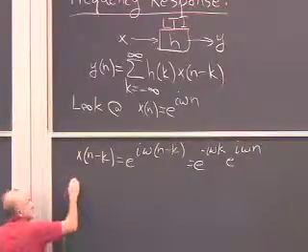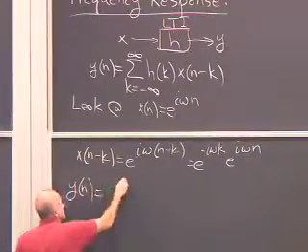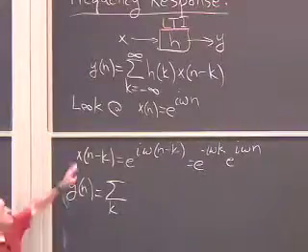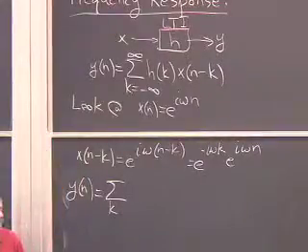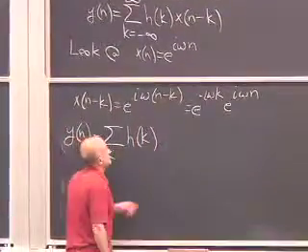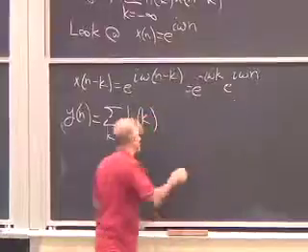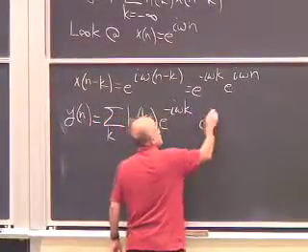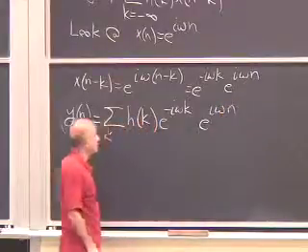And I plug it into the convolution. So I have summation over k. I'm not going to keep carrying all this minus infinity to infinity. Summation over k, h of k times x of n minus k. X of n minus k is e to the minus i omega k times e to the i omega n.